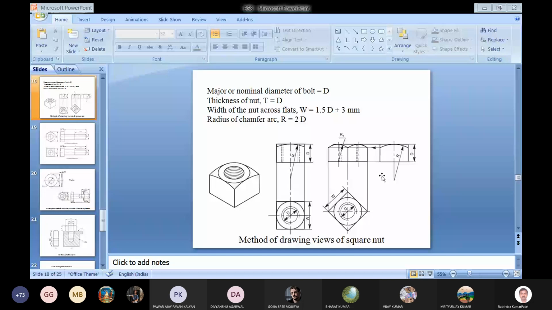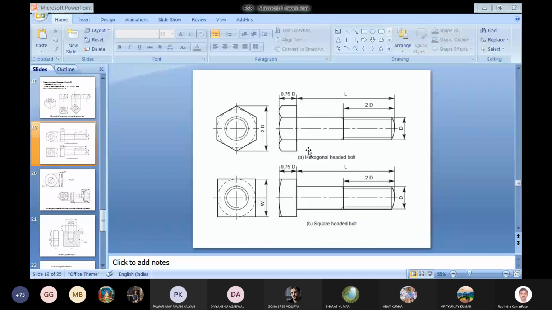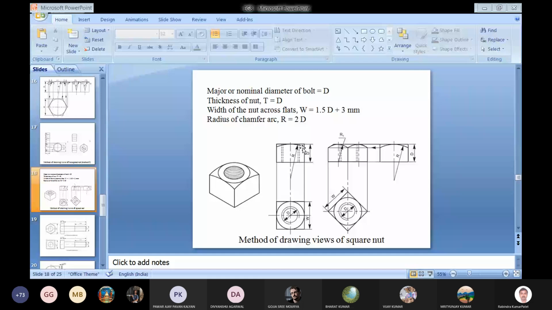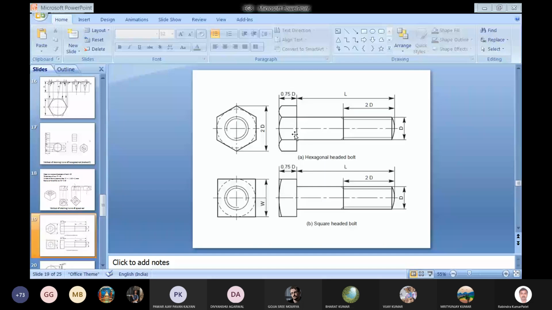Till now we were talking about the hexagonal and the square headed nut, and now we have a hexagonal headed bolt and square headed bolt. So these are two bolts. These different dimensions are given in terms of D, and here length has been specified.